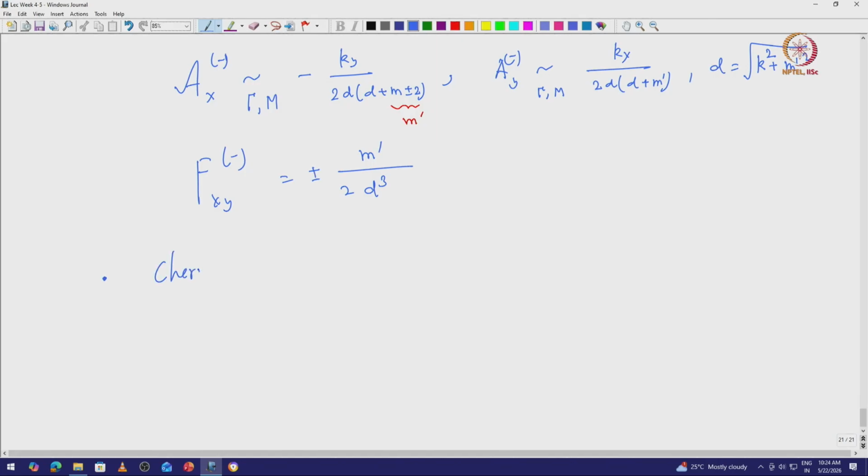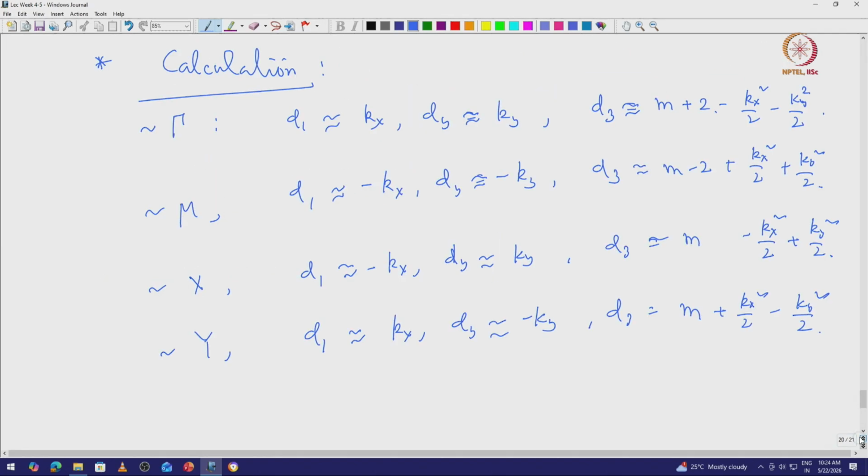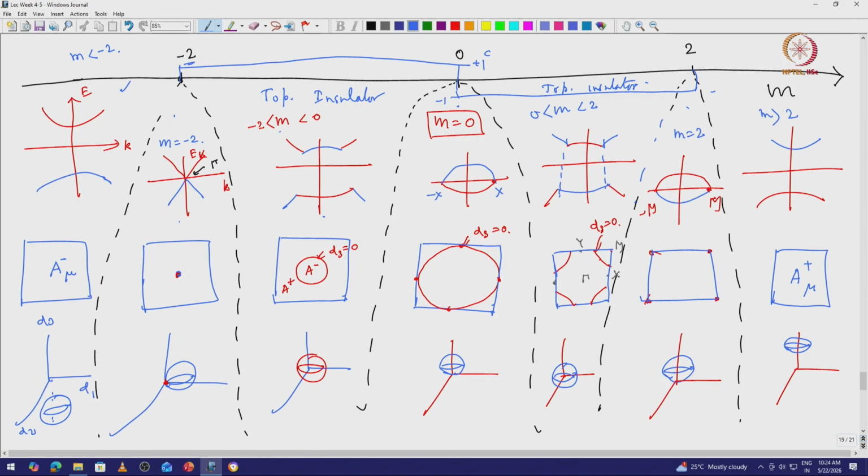Chern number near the gamma point. So it turns out that these are singular only around these points. These are also singular here, but we just talked about that these two will completely cancel each other. So we only need to look into these 2 points.